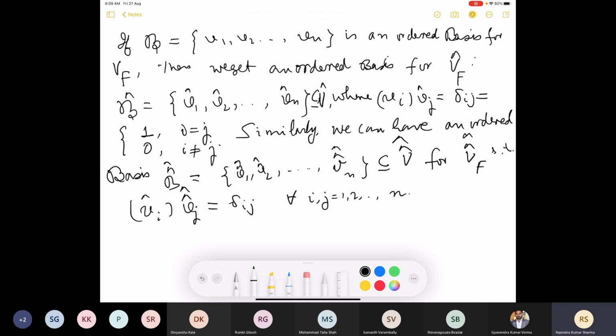So this gives rise to a basis for this second dual also over F.